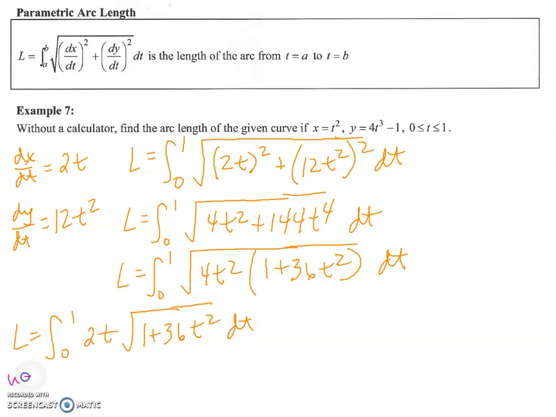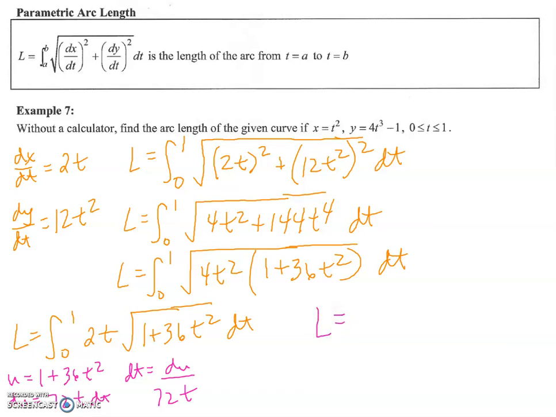So we've got u is equal to 1 plus 36t squared, which means du is equal to 72t dt. So dt is equal to du over 72t.